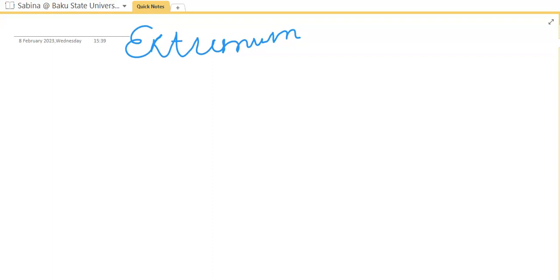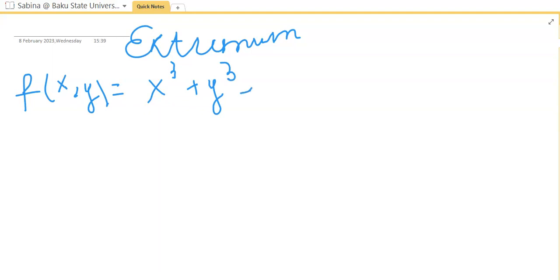For example, let's say that we have function f of x, y is equal to x cubed plus y cubed minus 3xy, and we have a condition that x and y must be greater than 0. How to find the extremum of this function?